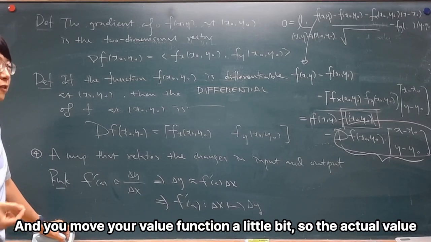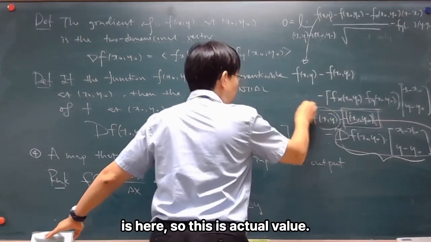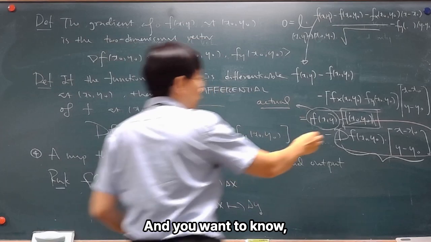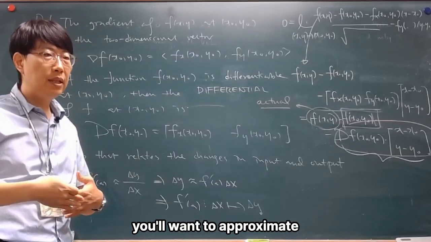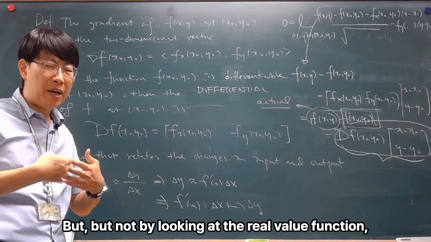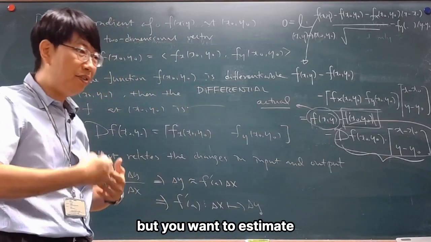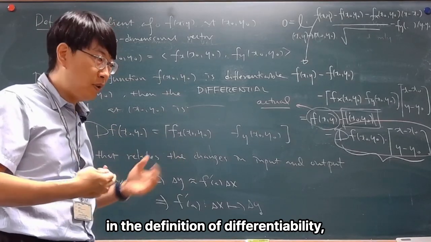And you moved your value of the function a little bit, so the actual value is here. This is the actual value. You want to estimate how much your value changed, but not by looking at the real value of the function.